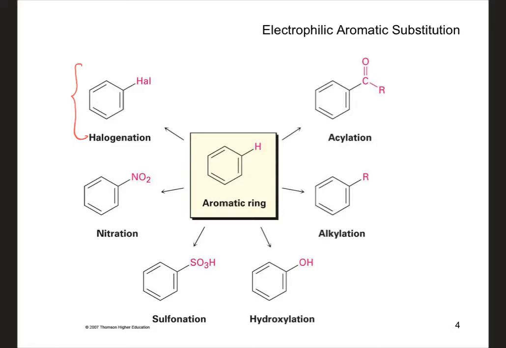Typically, the size is such that bromination is the most well studied, followed by chlorination. Fluorination is typically too fast and iodination too slow because of the size, and so not much information might be known for that. But typically you would see that both chlorination and bromination, especially bromination, is really well studied.